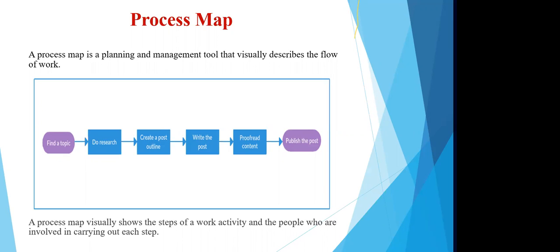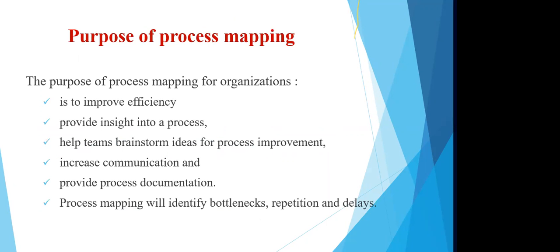Then further, we looked into the different purposes of mapping the process. What could be the purpose? A list of purposes that we looked into that would help when we do the process mapping.